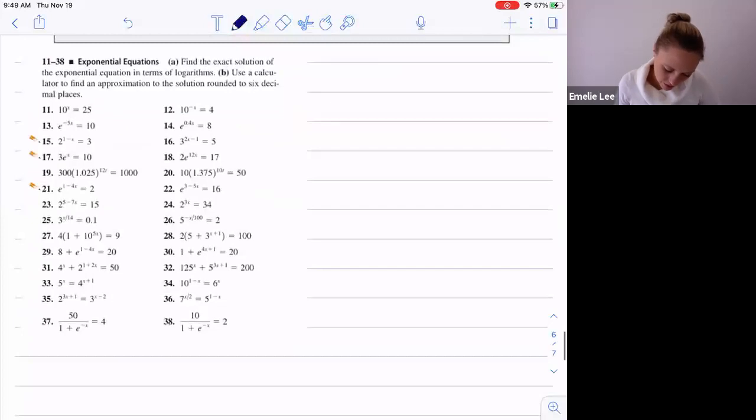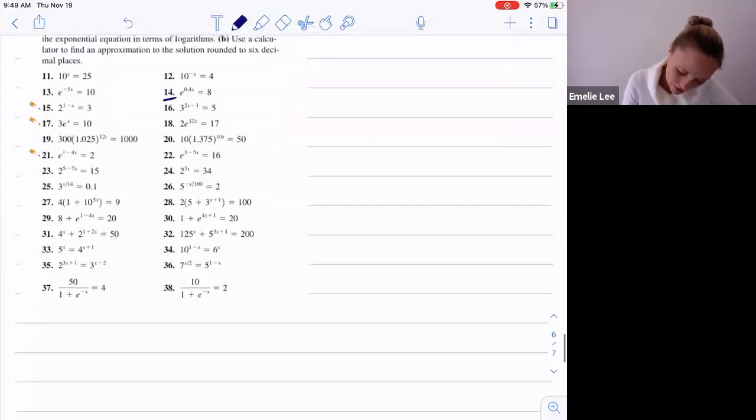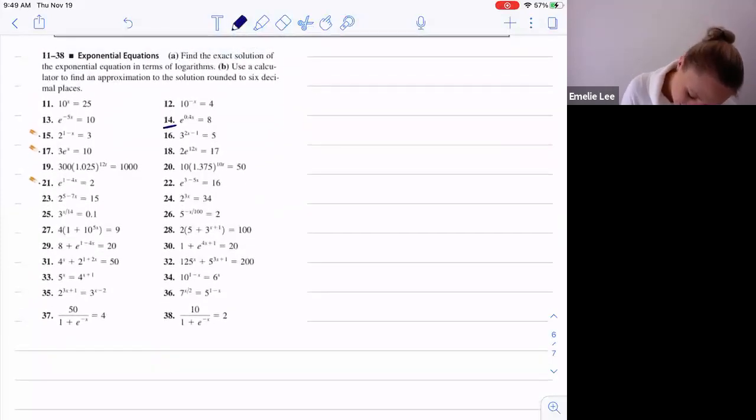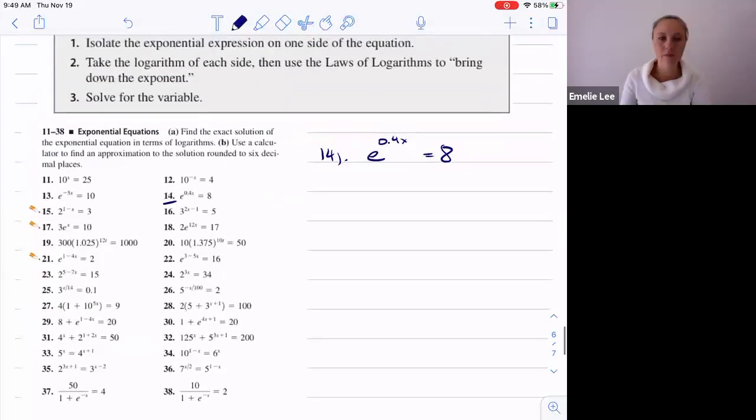Okay. So let's see here. Let's do 14 first. So 14 is e to the 0.4x is 8. What we were doing before was we just took the log of the same base as the base of the exponent.